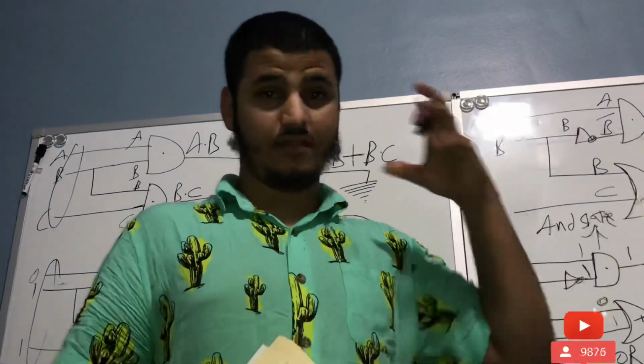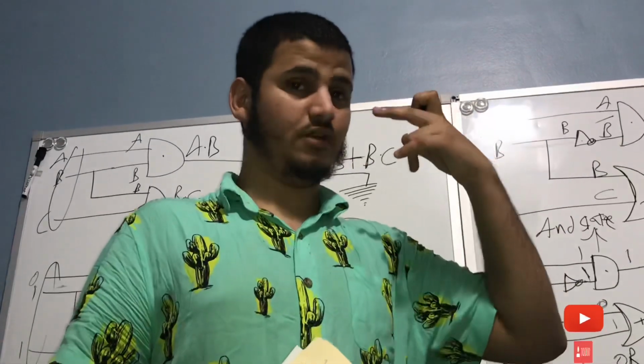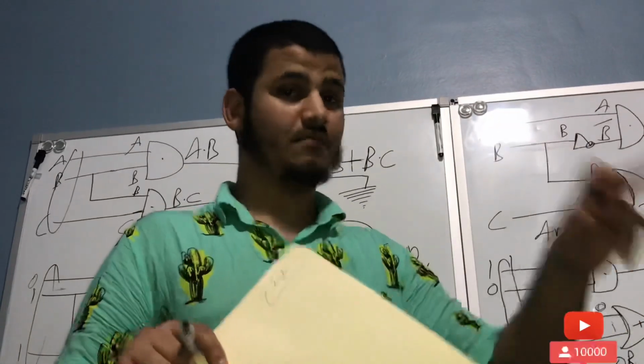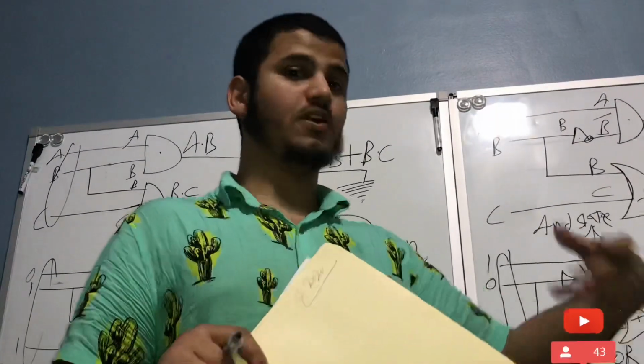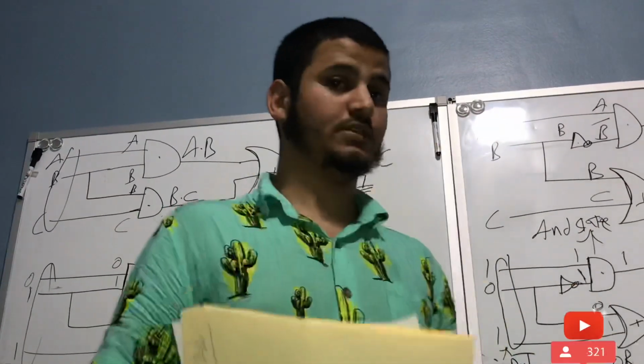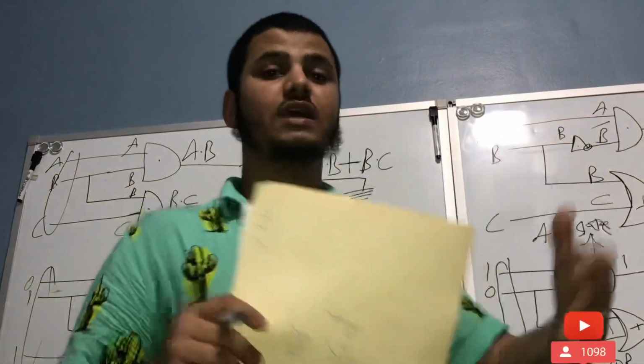Hopefully next week, as I told you, I'm going to do the binary numbers and the brain of the computer. I'm going to explain the brain of the human and the brain of the computer, how they work, and how they communicate with each other.